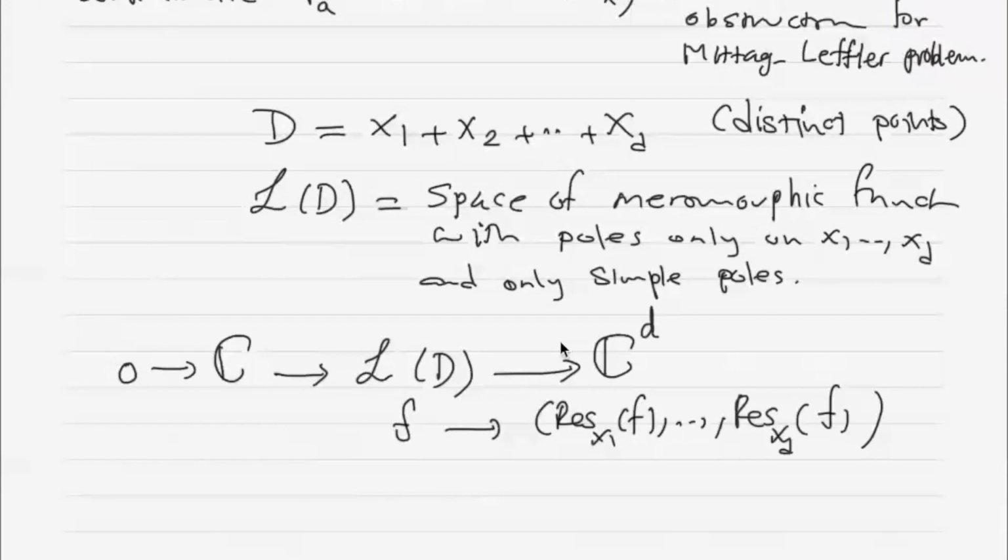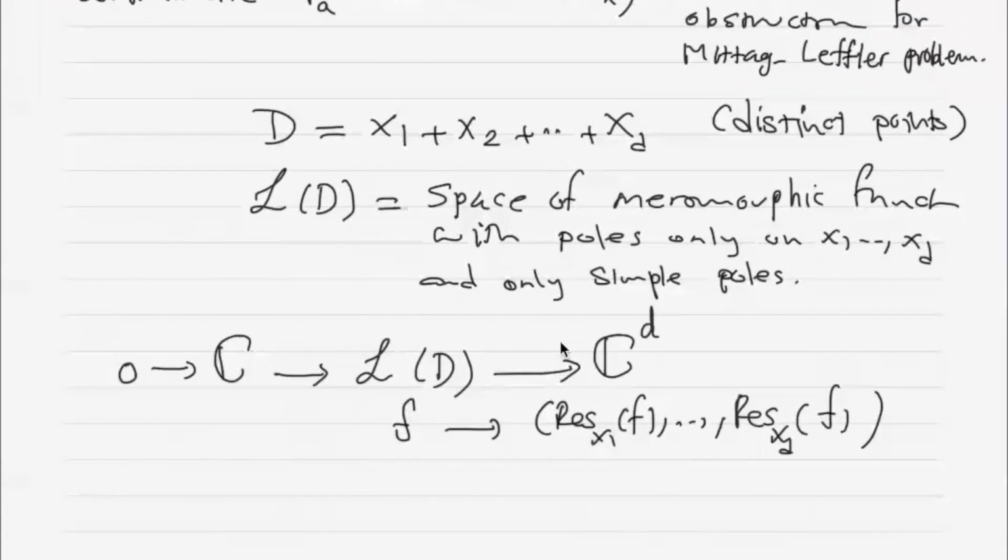Let's think together why this should be true. If a function f goes to 0, that means that it has 0 residues at all these poles. And since these poles are simple, that means that these are not really poles. So the function f is holomorphic at x1 up to xd. It's also holomorphic at other points.